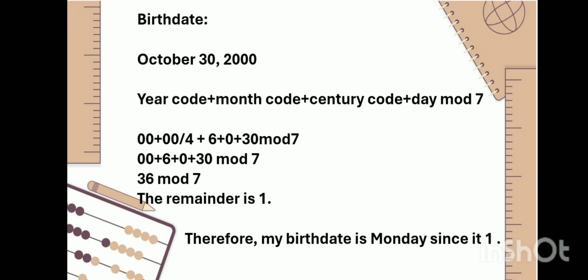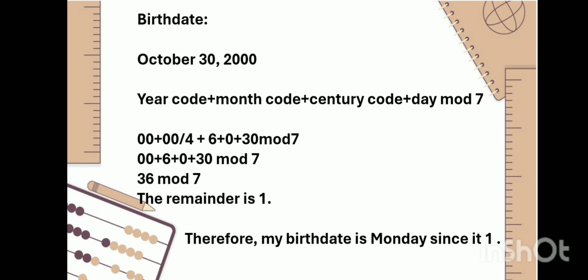Now, let's solve for the day of my birthday. I was born in the year 2000 on the 30th of October. To determine the day of the week that I was born, the first thing that we should do is to calculate the year code.